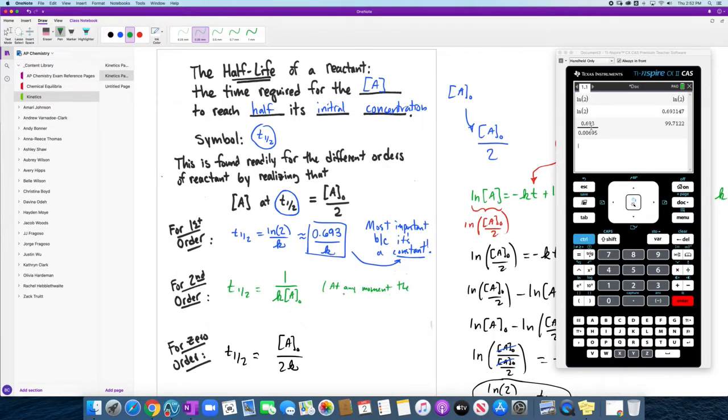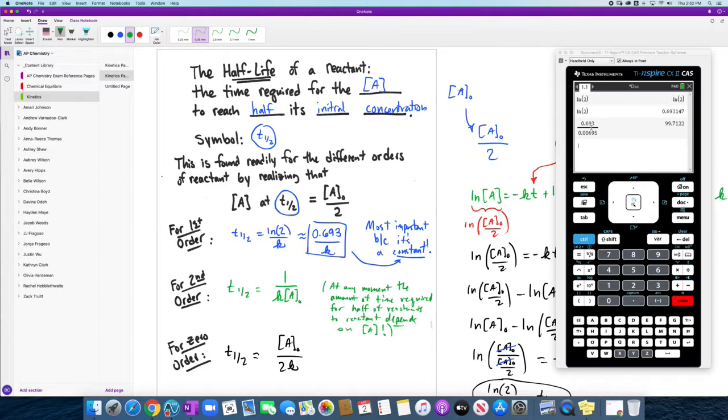The amount of time required for half of reactants to react depends on the concentration.